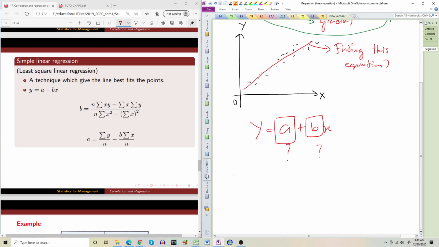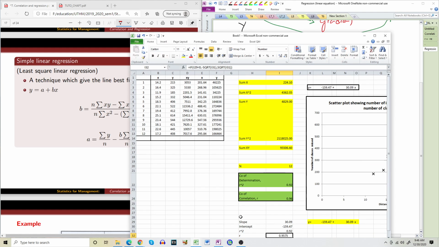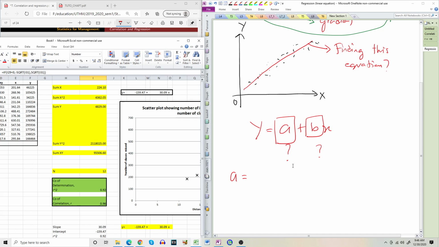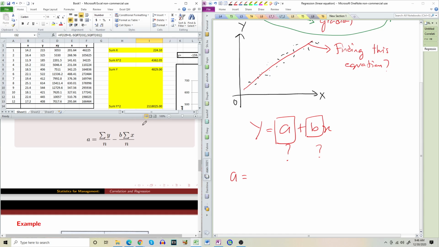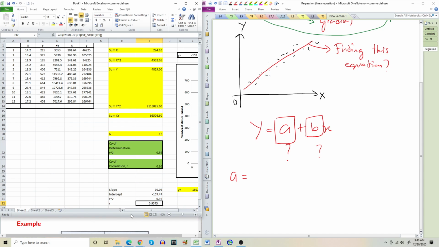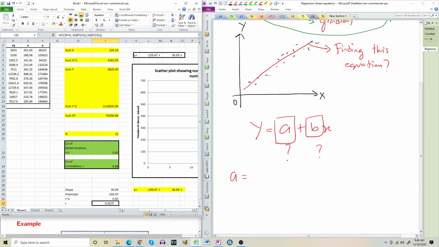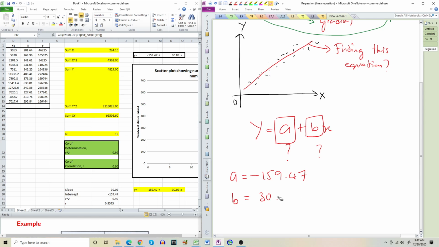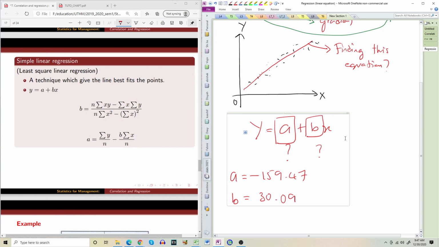Your A, I think your A should be negative 159.47. Your B is 30.09. Double check. You should get this.